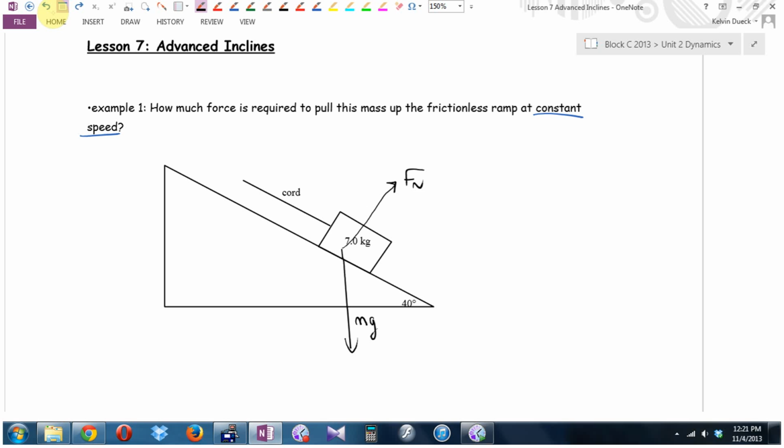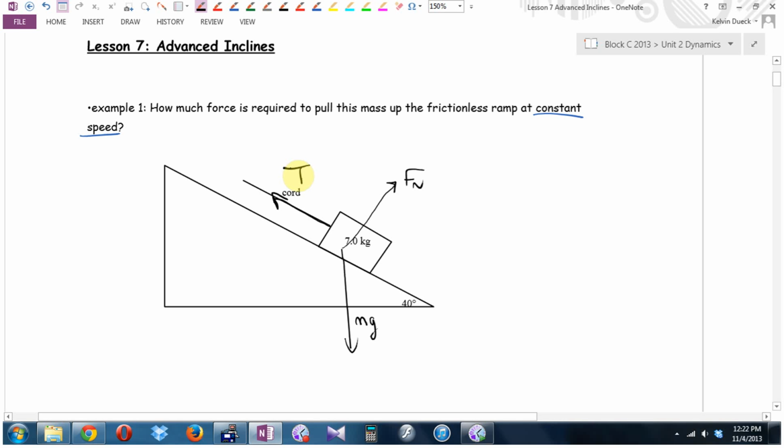Is there friction? How do you know, Ashley? It says frictionless. Okay. What else? You could call it force applied, but traditionally we've used a different name for a rope or a cord or a string force. Tension. That's it. That's the free body diagram.